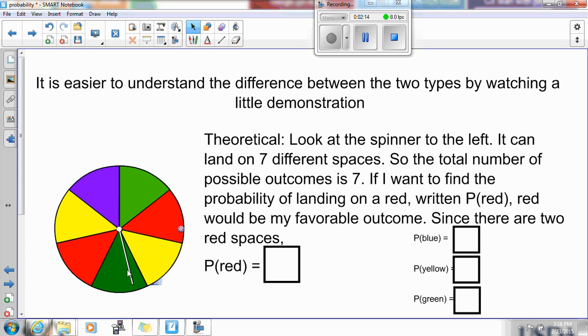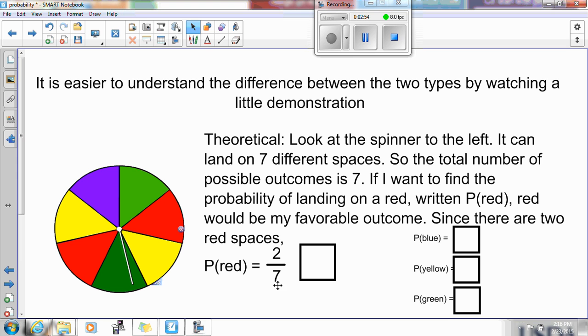If I wanted to find out, for instance, the probability of red, written P(red), the probability of the spinner landing on red, I would say there are 2 red spaces out of the total number, which is 7. So that is the favorable number, red, 2 of them, divided by the total outcomes, 7. So it would look like this, 2 over 7.